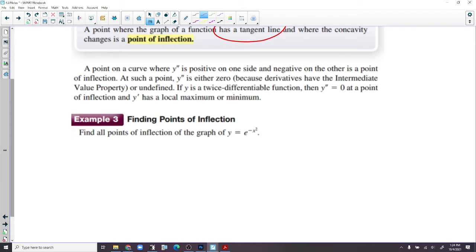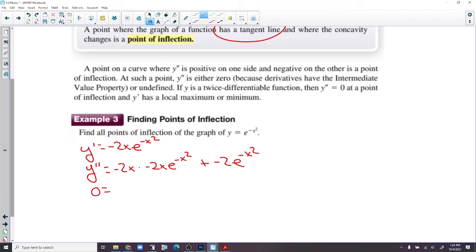Find all points of inflection of the graph of y equals e to the negative x squared. So the first derivative is negative 2x e to the negative x squared. The second derivative is first times the derivative of the second plus the second times the derivative of the first.